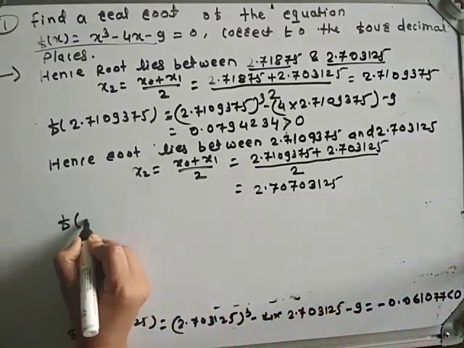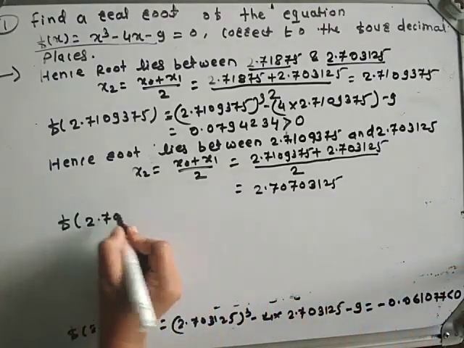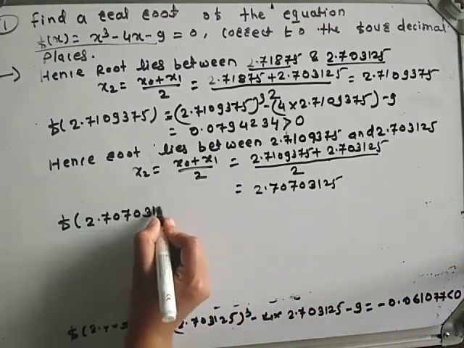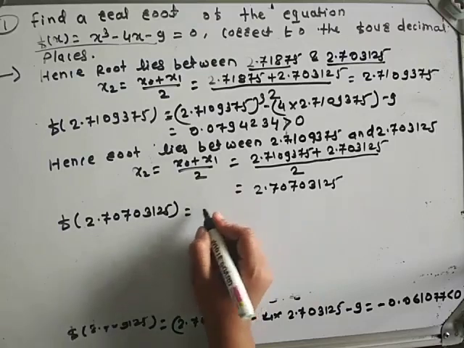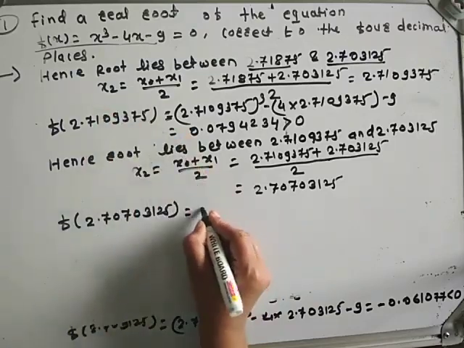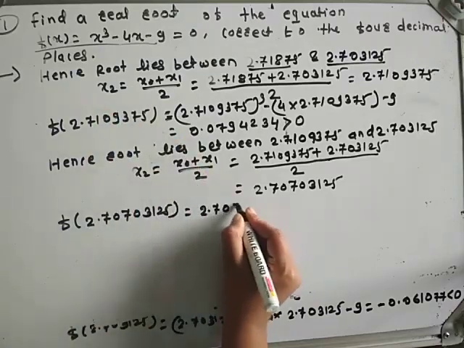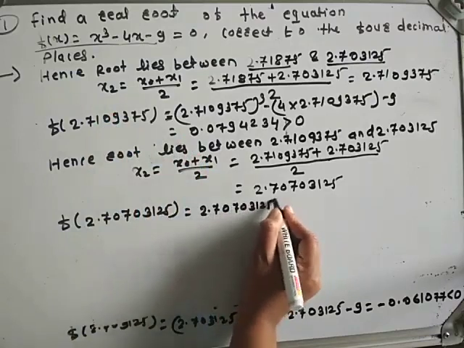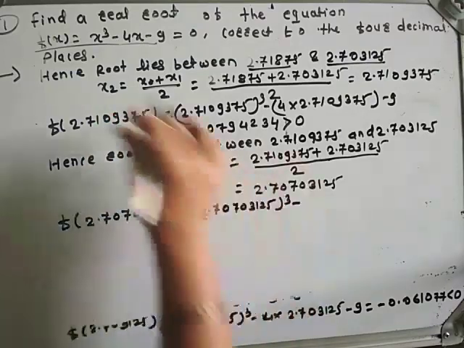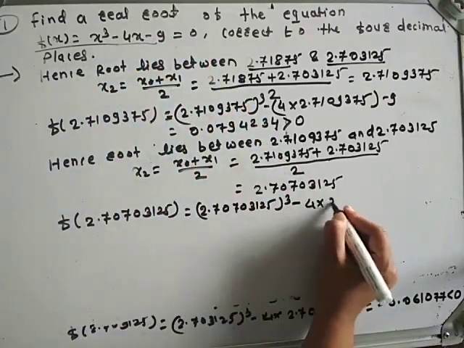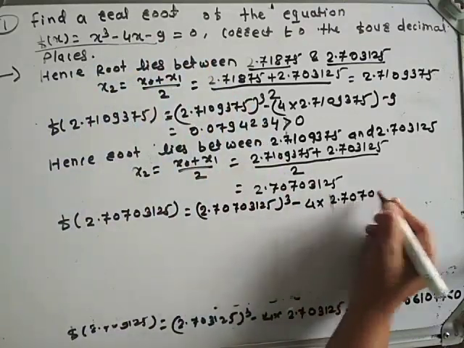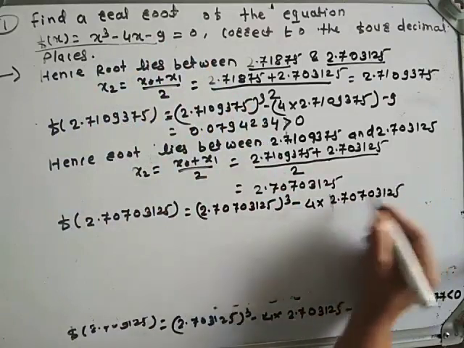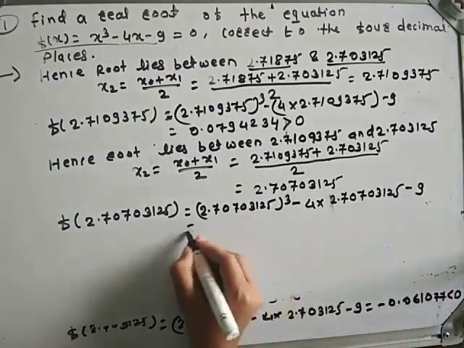Now we find f of 2.7070312, which is equal to x cube, that is 2.70703125 cube minus 4 into 2.70703125 minus 9.